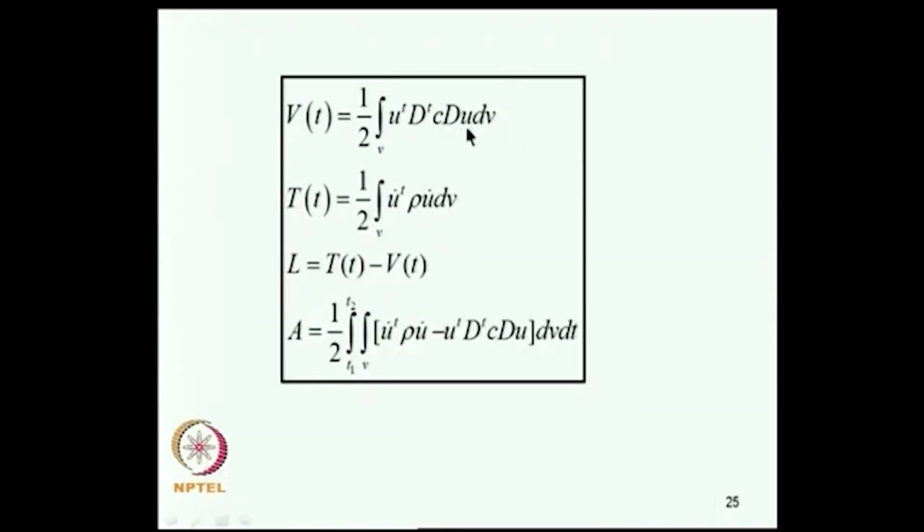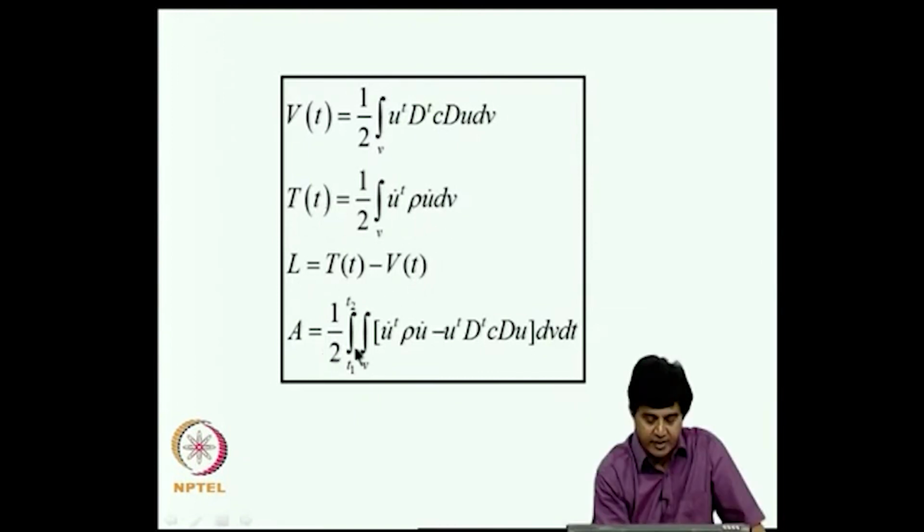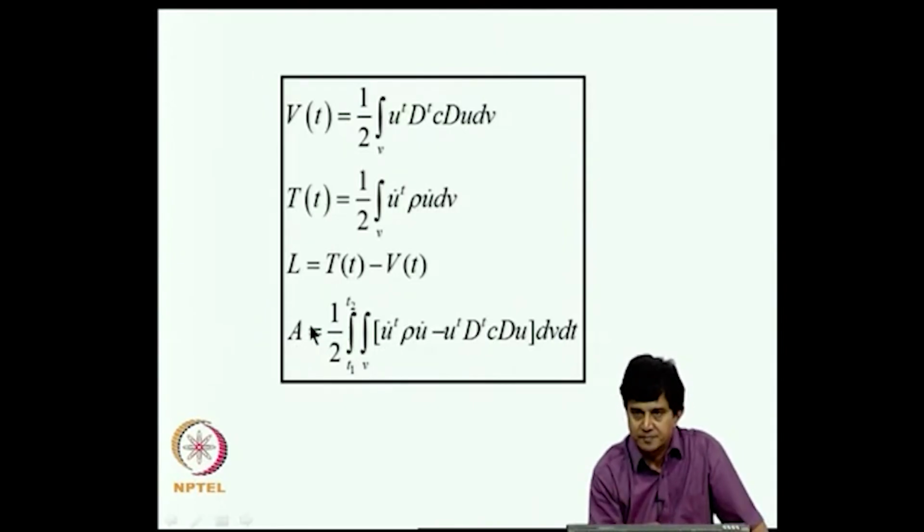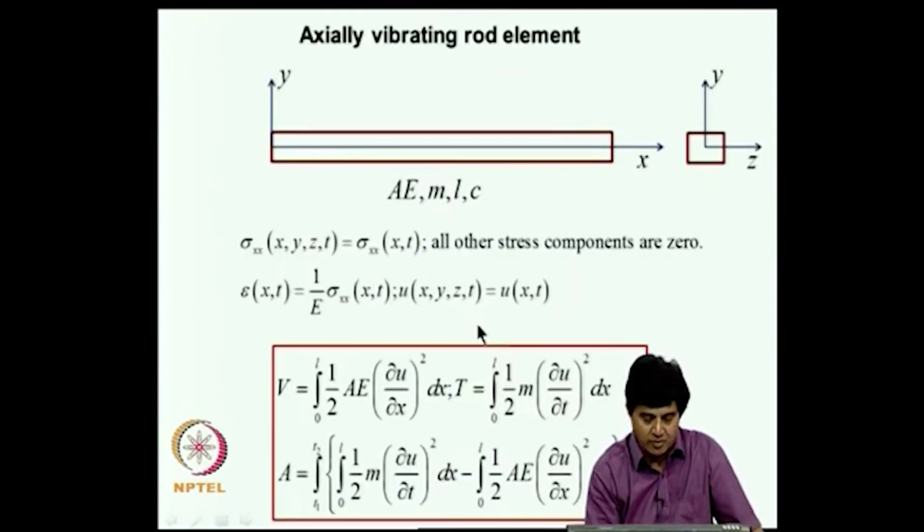So, this is strain energy, this is the kinetic energy, right. So, the Lagrangian is this and we can define the action integral. So, if we now select u so that the action integral is minimized, we recover the equations of elasticity. Okay. So, this is a general framework for treating 3-dimensional elasticity problems.